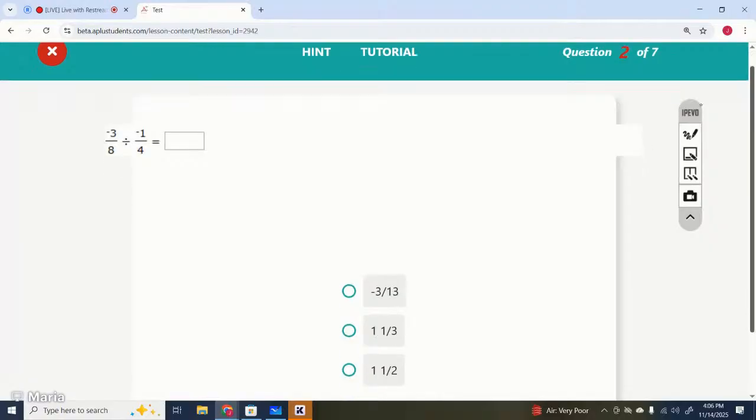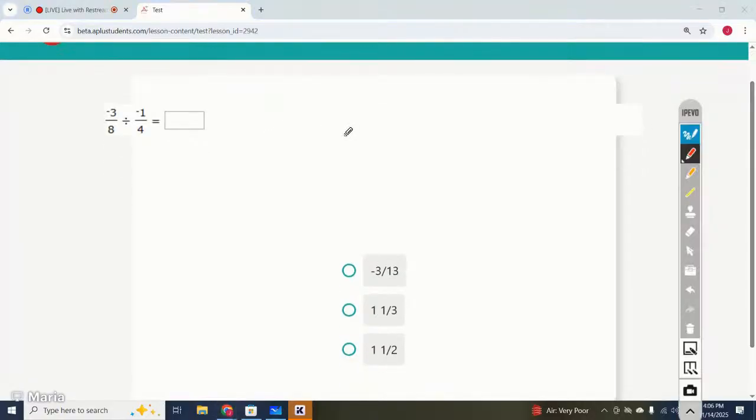Negative 3 by 8 divided by negative 1 by 8. Replace the division sign with multiplication and take the reciprocal of the fraction after.